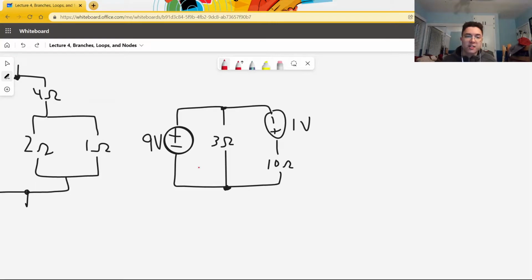Let's go back to this circuit and consider an electron that starts at the bottom of this battery. We remember that the battery pushes it up to the positive end of the battery and gives it 9 volts of potential. As the electron moves, let's say it passes through this resistor. Then it returns back to the bottom of the battery.